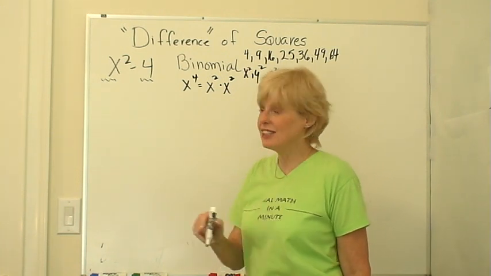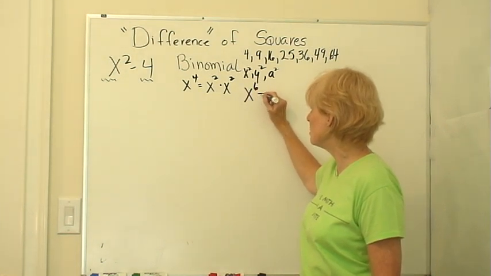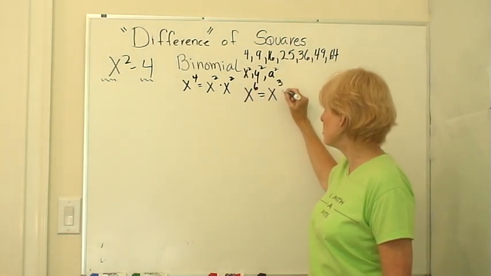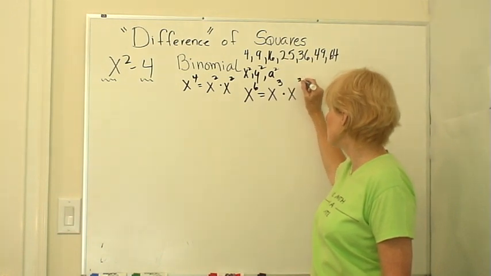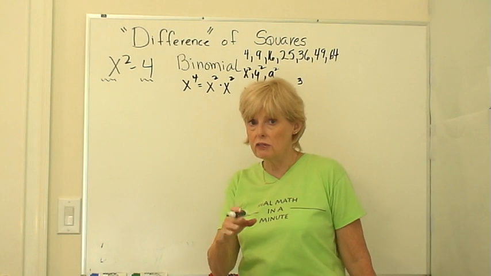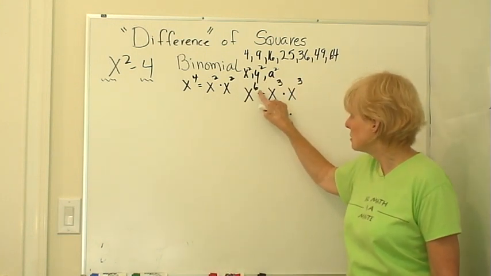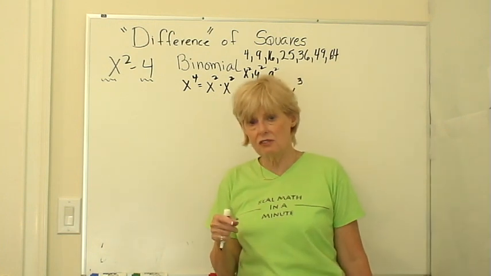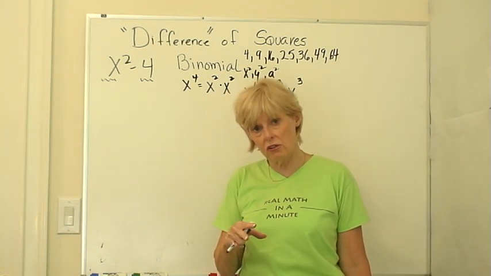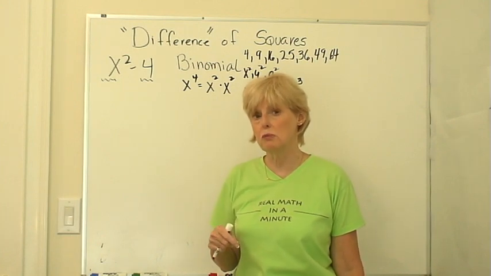But x to the 6th is surprisingly a square for some people. X to the 6th is x to the 3rd times x to the 3rd, because you know you add exponents when you multiply. So x to the 3rd times x to the 3rd is x to the 6th. So then x to the 6th is the square of x to the 3rd. And that's a lot of tongue twisting in words, which you'll see in just a moment.